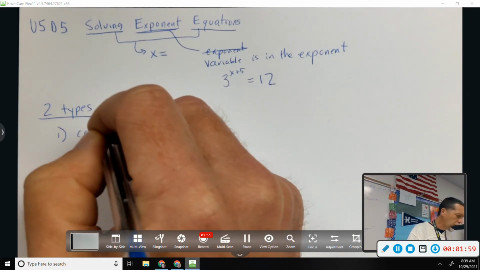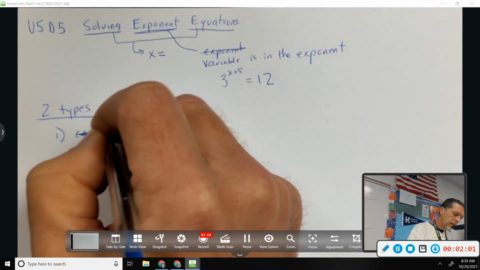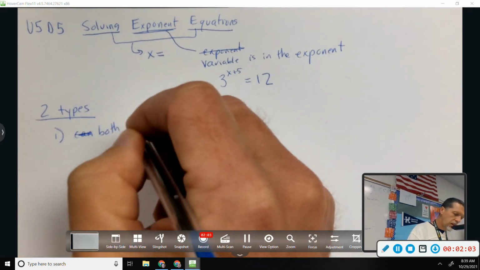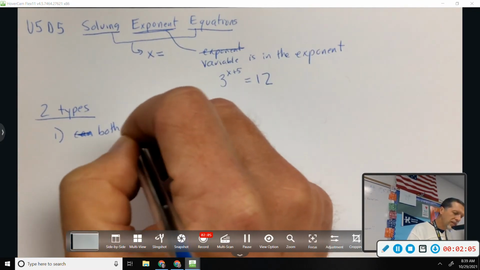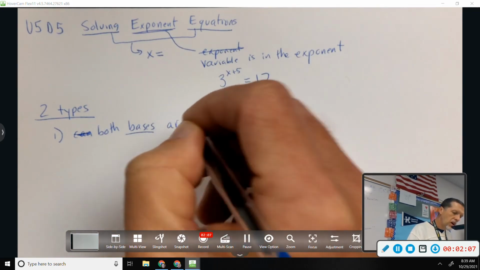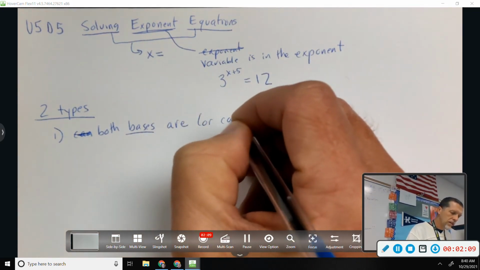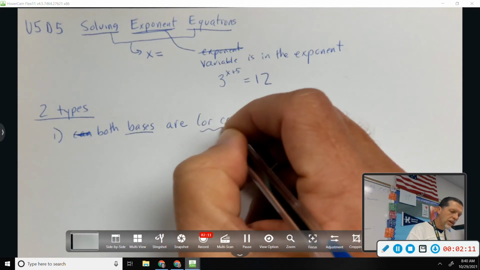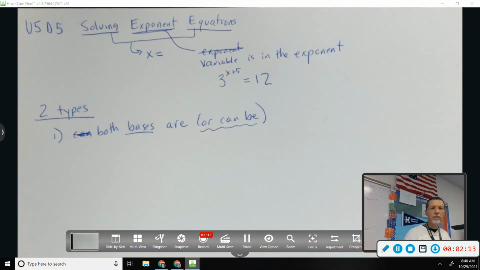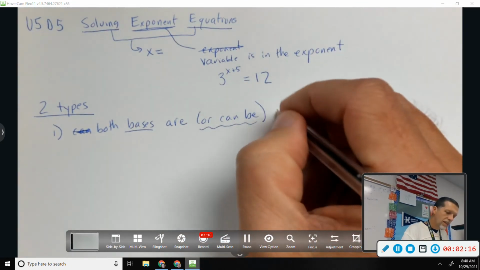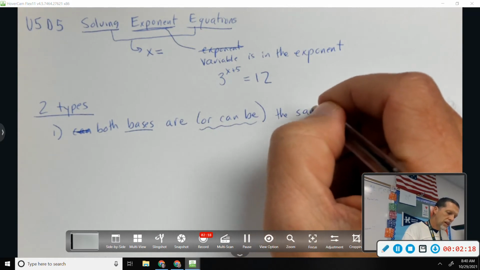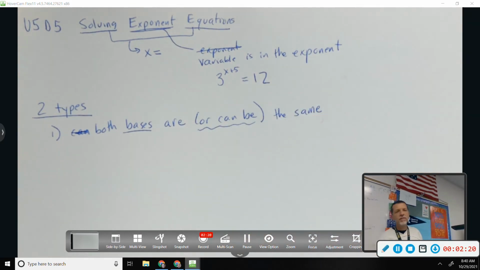So the first type is that both bases are, or can be, the same. That seems a little bit weird, but we'll get to that in a minute. Both bases are the same, or can be the same.